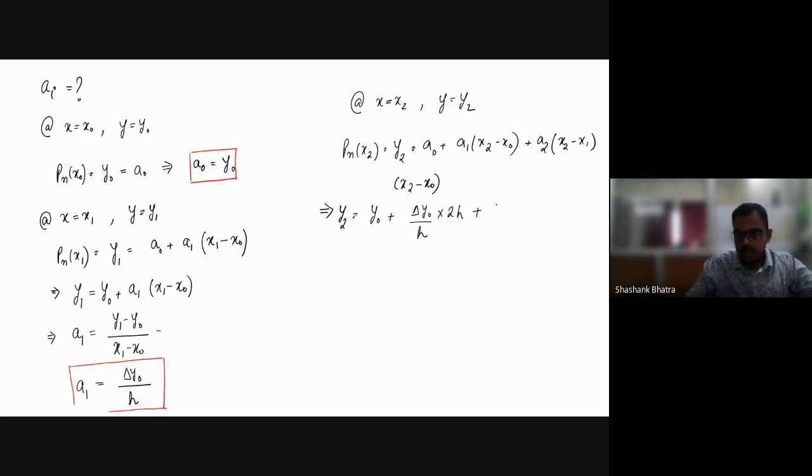Plus a2, which we need to find out, times x2 minus x1, which will be h as uniformly spaced, and x2 minus x naught, which is 2 times h.